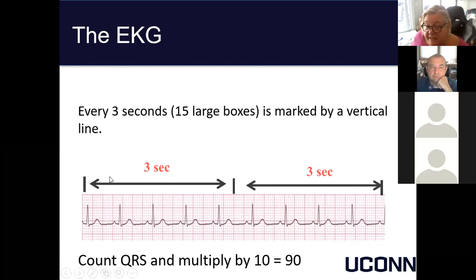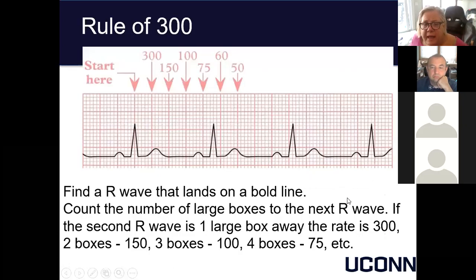There are 60 seconds in a minute, so if you take that 9 times 10, in this case, it equals 90. You know this heart rate is approximately 90 beats per minute. That's not exact, but it shows you how the timing of these squares and the length of your strip can be helpful.